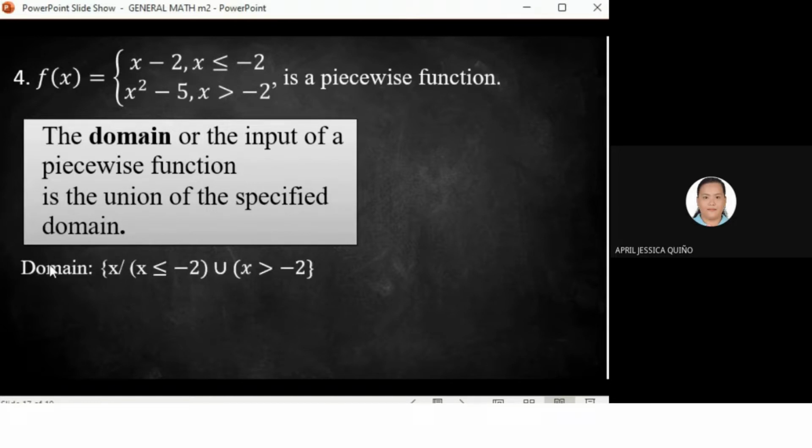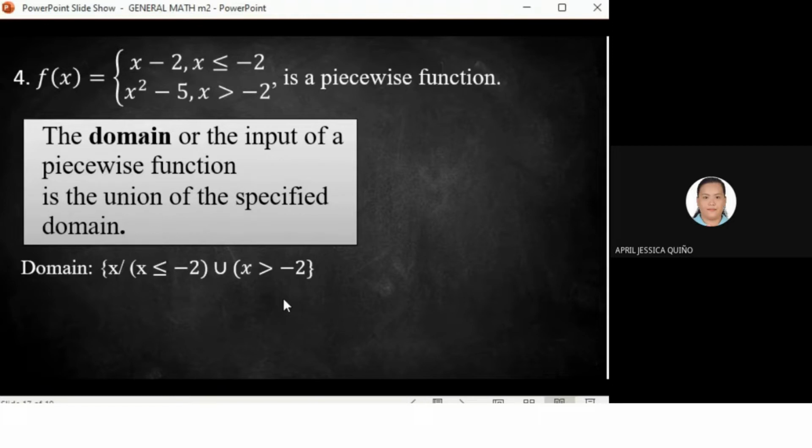So we can write it in set notation as the domain is x such that x is less than or equal to negative 2 or x is greater than negative 2. That's how you're going to write your domain if you have a piecewise function. Again, your domain is just the union of the specified domains.